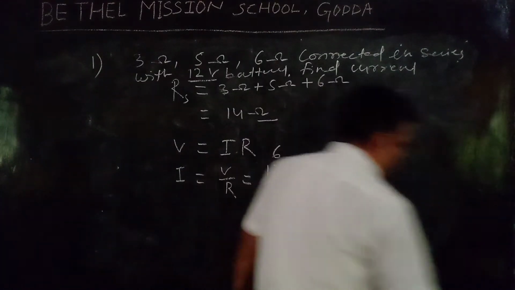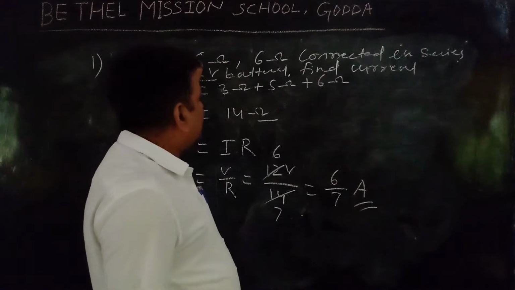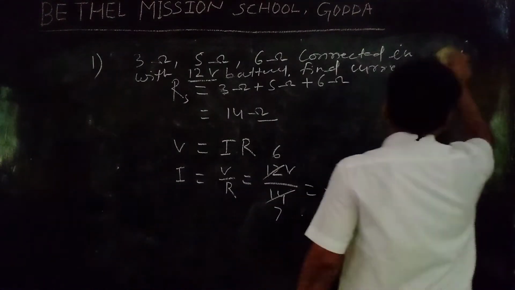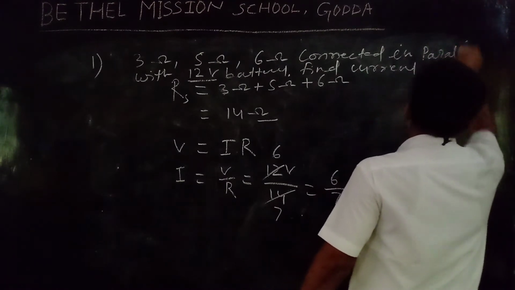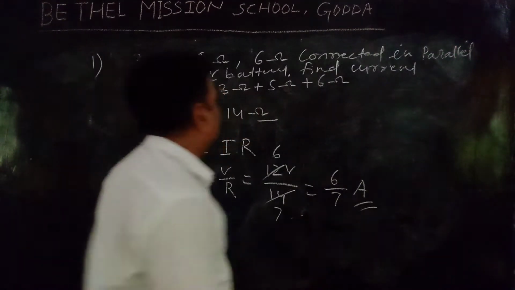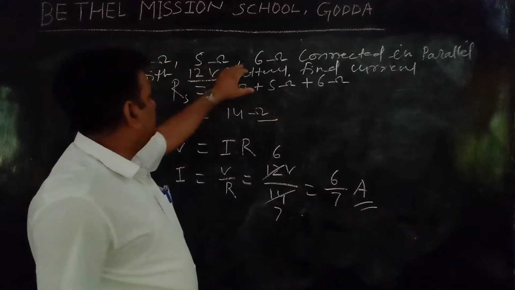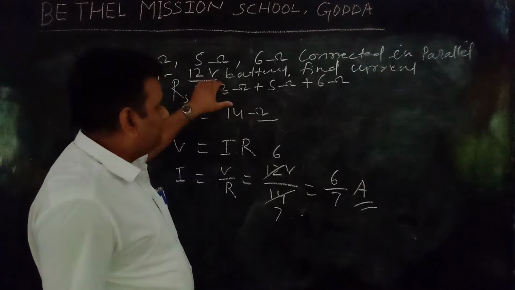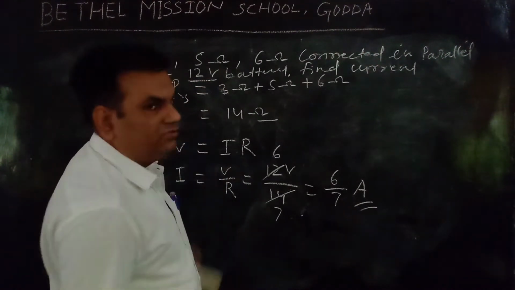Now the same question, but the resistances are connected in parallel. Second question. Same resistance values, same potential difference. We have to find how much current flows through this circuit.